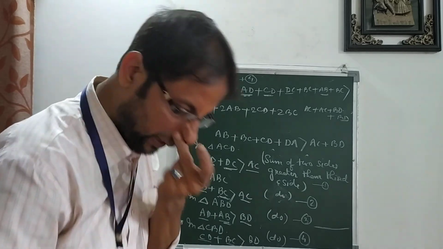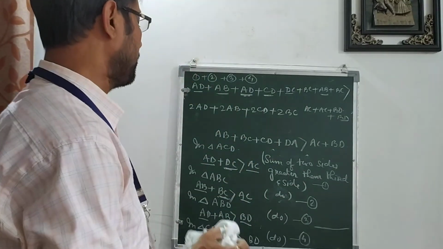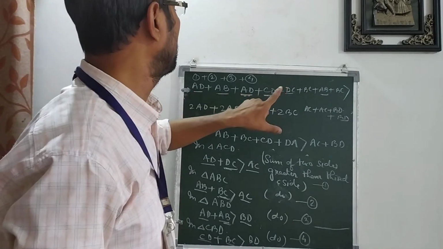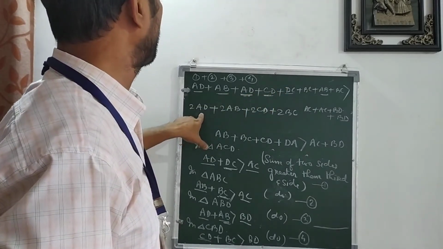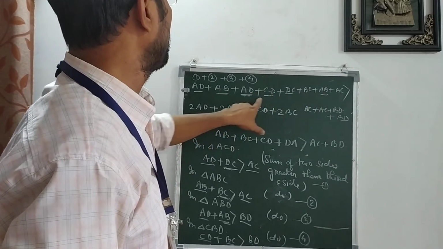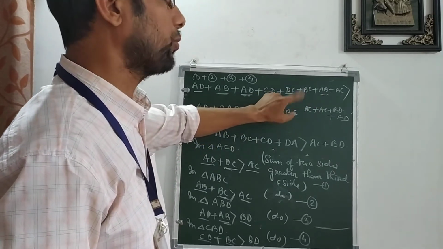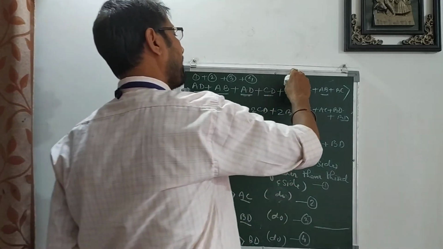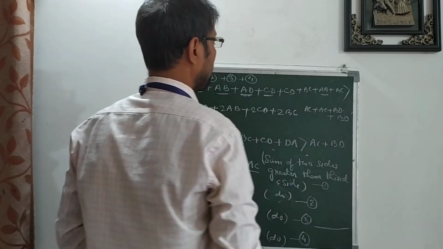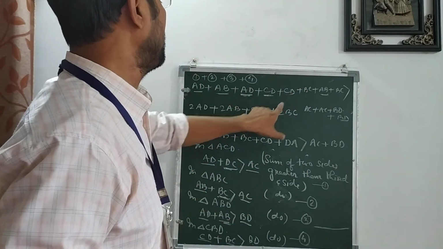So let me rub this part, students. Hope you can understand this one. AD plus AD, twice AD, AB plus AB, twice AB, CD plus DC and CD both are same. So if you get confused, let me write this CD only. CD plus CD, 2CD.